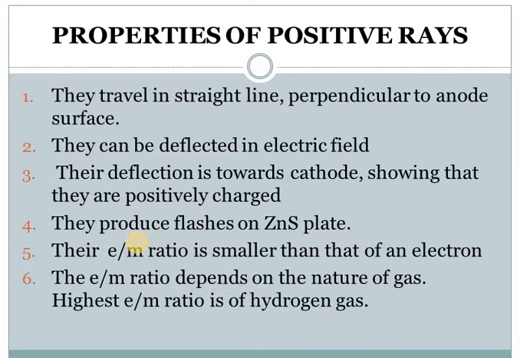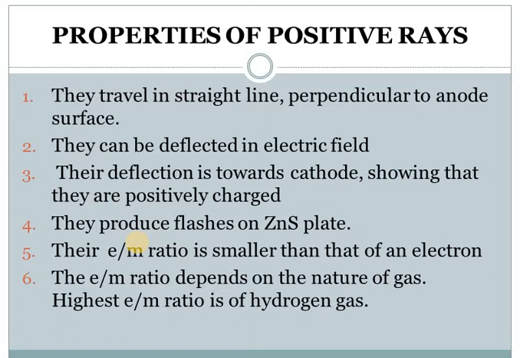Over here the only change is of anode and cathode, because positive rays have a positive charge. So when they move in the opposite direction, away from the anode towards the cathode, they move in straight lines.